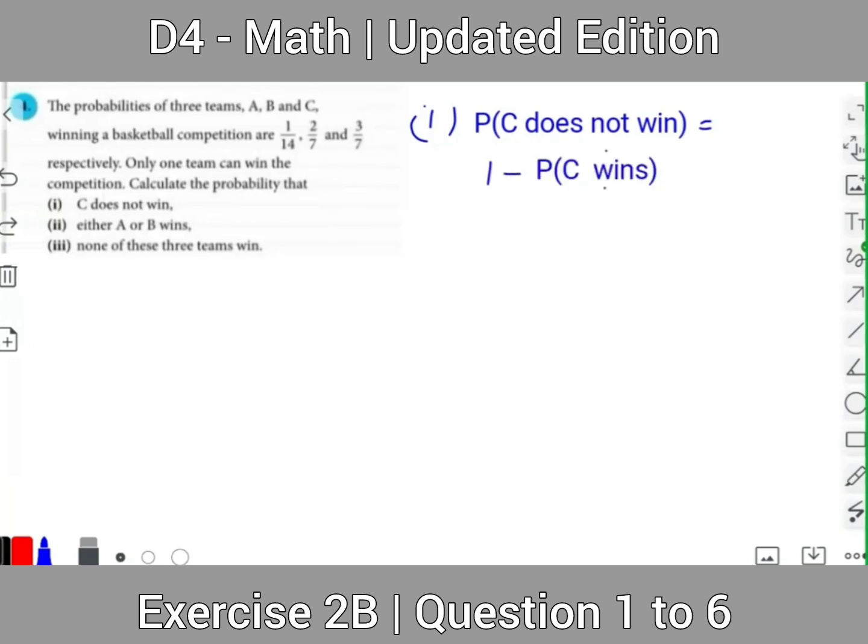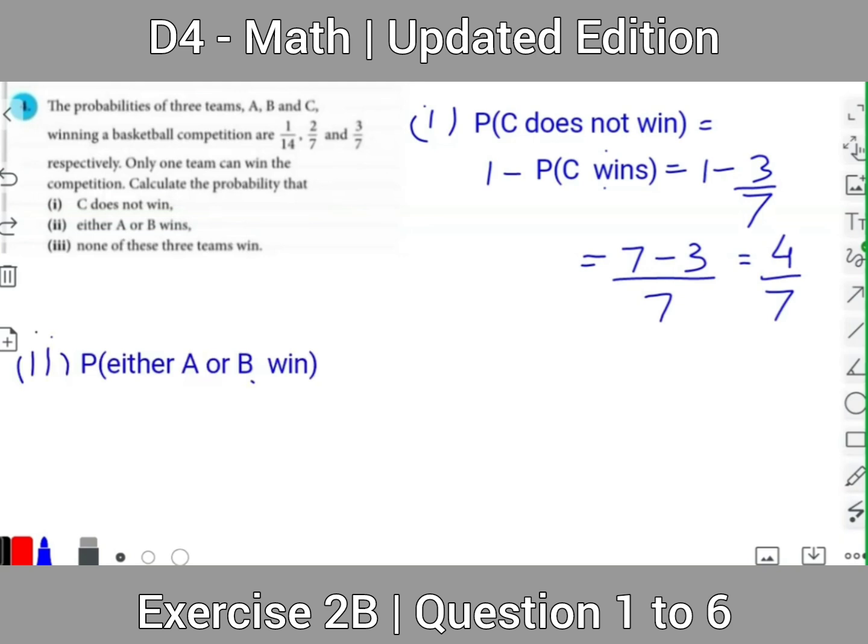The probability of team C winning is already given in the question, and that is 3 over 7. So 1 minus 3 over 7 is 7 minus 3 over 7, and that becomes 4 over 7. So the probability that C does not win is 4 over 7.